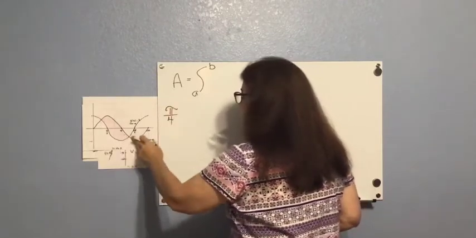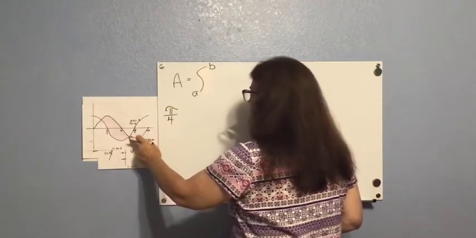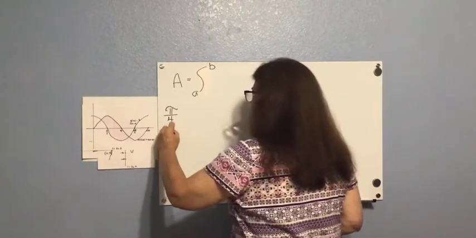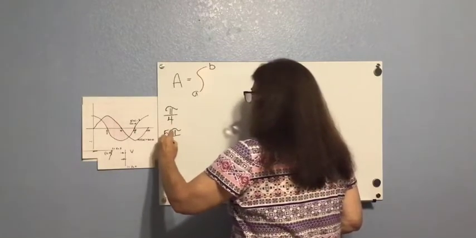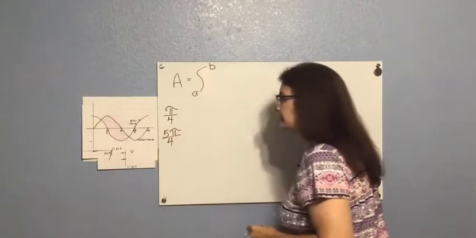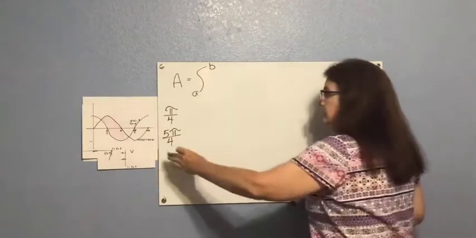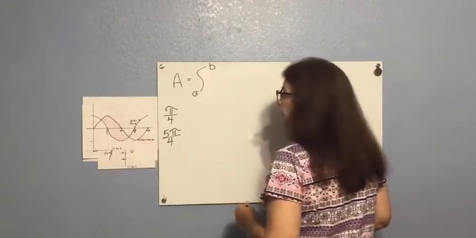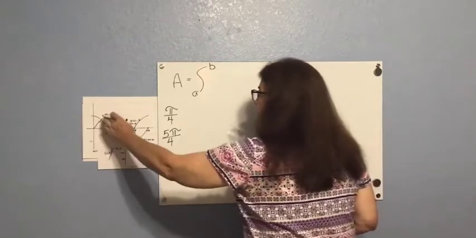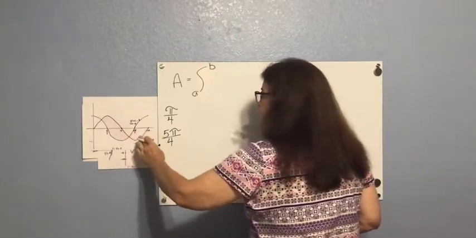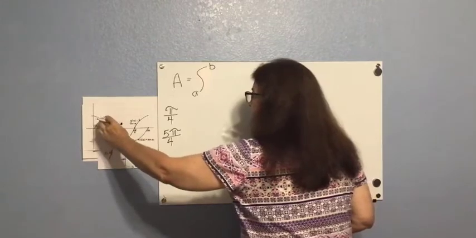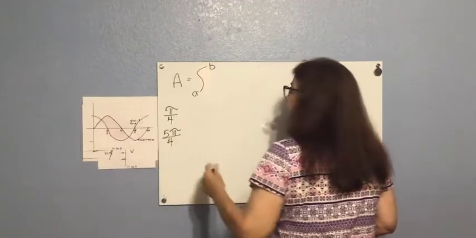And the next point where sine and cosine are the same is 5pi/4. So these are going to be my limits of integration for this problem. Okay, this curve here is sine, and then the other curve is cosine.